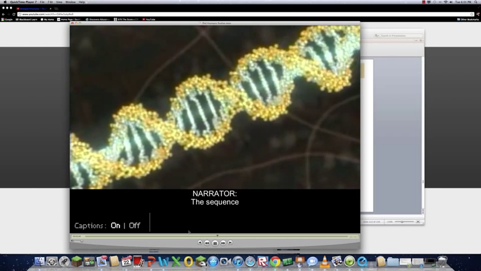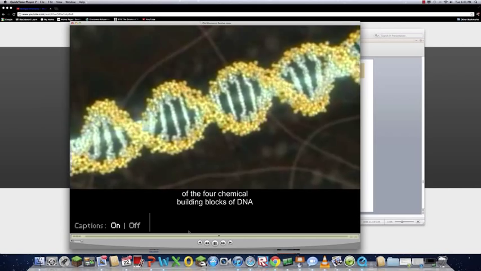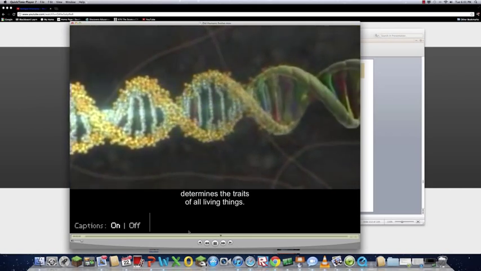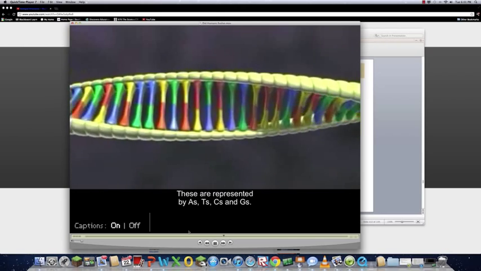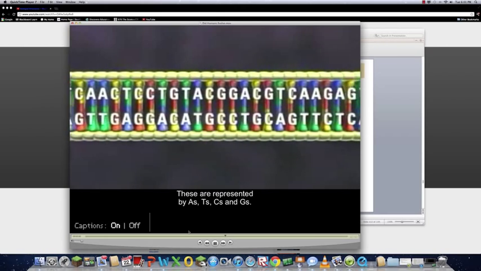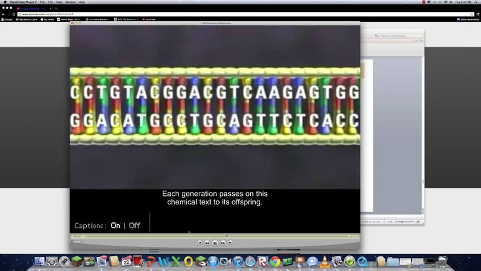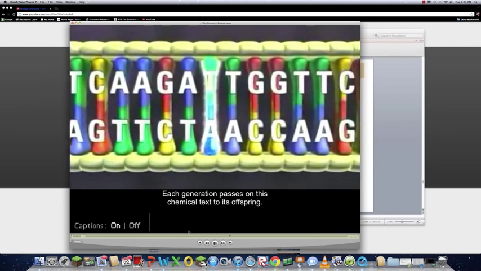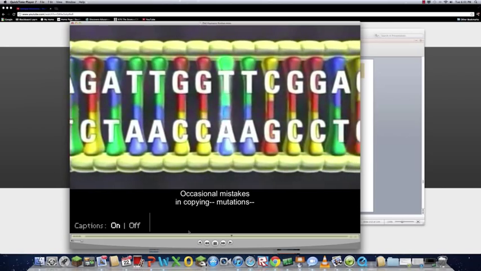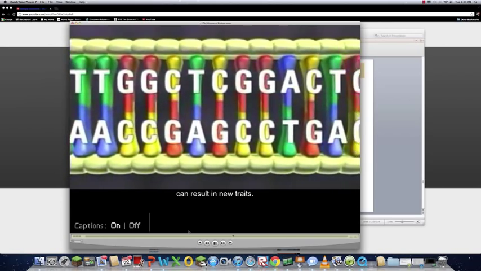The sequence of the 4 chemical building blocks of DNA determines the traits of all living things. These are represented by A's, T's, C's, and G's. Each generation passes on this chemical text to its offspring. Occasional mistakes in copying, mutations, can result in new traits.